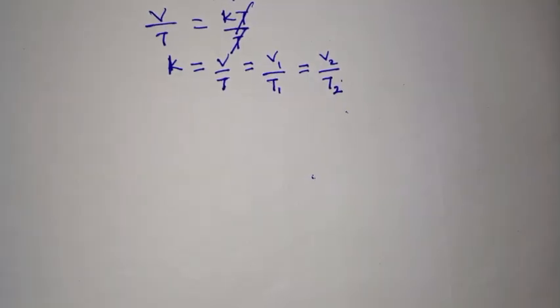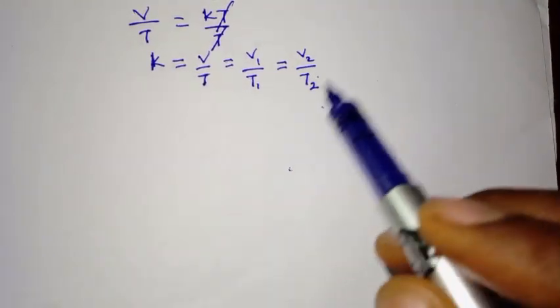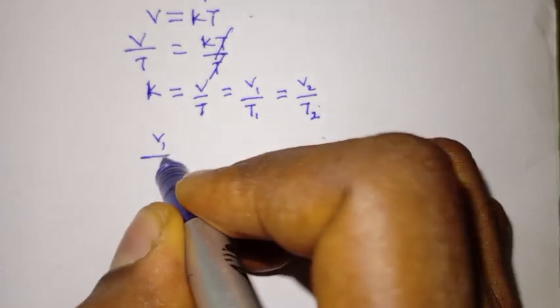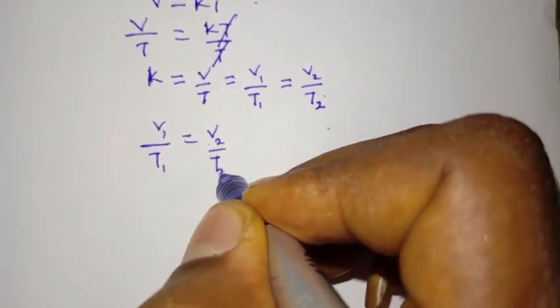So for mathematical sake, we can actually pick two sides of this equation. On that note, we can decide to pick V1 over T1 equals V2 over T2.